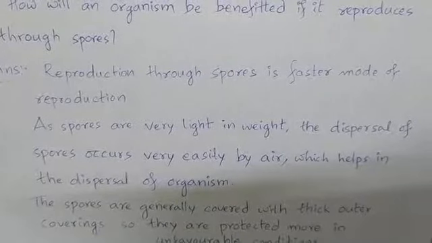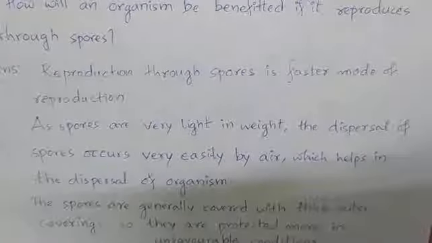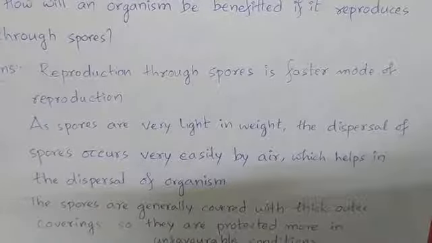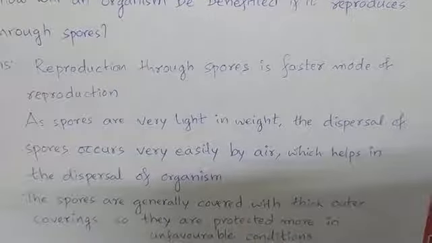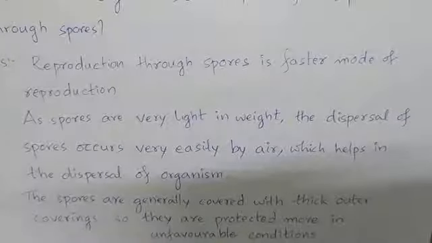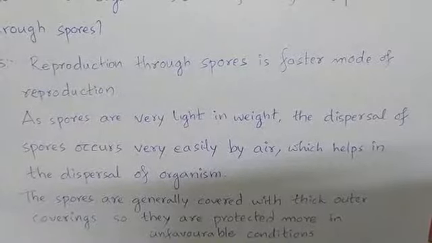Until the spores get the favorable conditions for germination, they can withstand many unfavorable conditions of the environment because of their thick outer coverings. Such that spore formation helps in faster reproduction, easy dispersal and more protection from outer pressures.